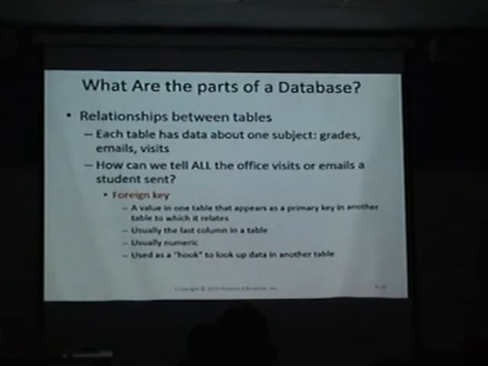Okay? The foreign key is a value or a column, the last column in fact, the last column in a table. And all it is is the primary key from the table it's hooked to. That's it. There's no magic to it. Is it the last column or the last row in a column?